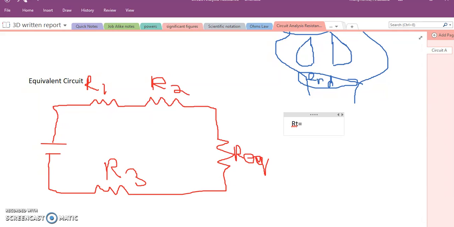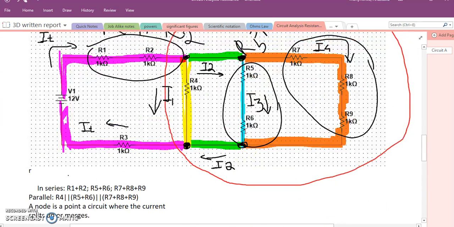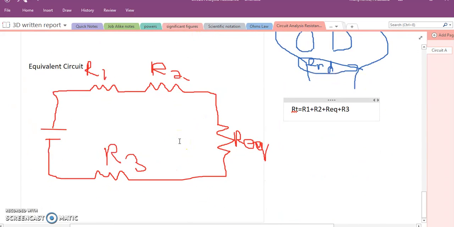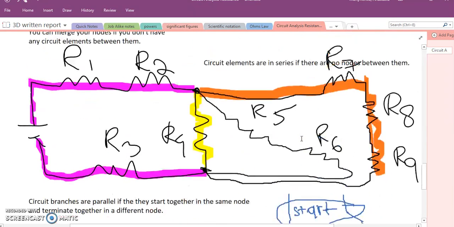Our total is just R1 plus R2 plus R equivalent plus R3. And I have 1K everywhere, right? Okay. So the only question is, what is R equivalent?